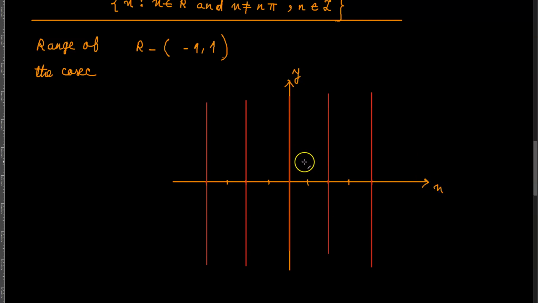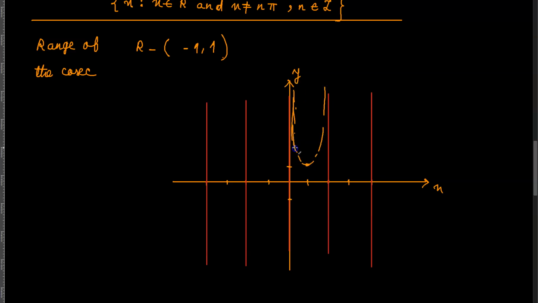We saw that for x greater than 0, you're calculating 1 divided by the sine of a positive angle, which is positive. So you would get a function like this.